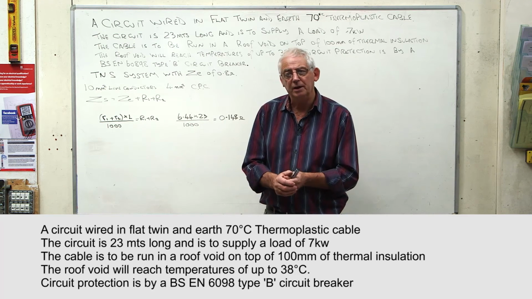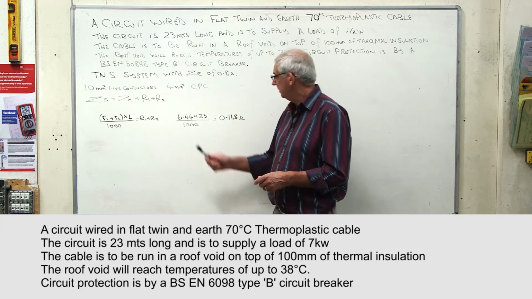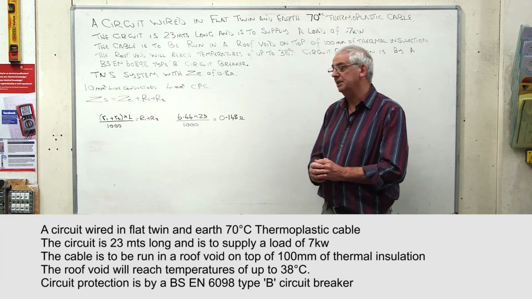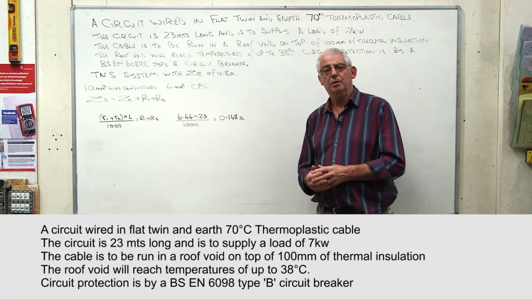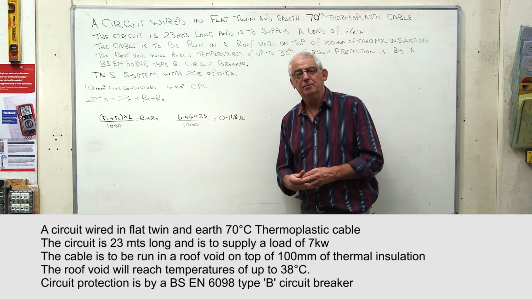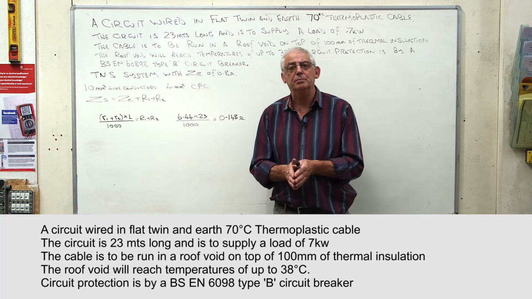We call that big R1 and big R2. Do the calculation, and I can see that my cable has a resistance of 0.148.